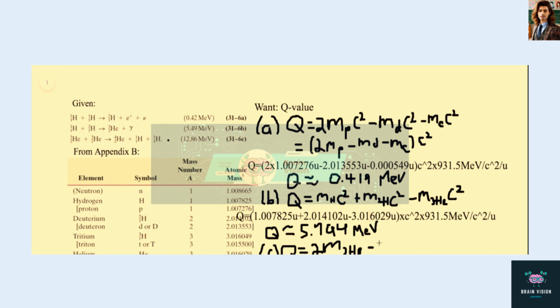Minus the mass of helium, times c squared, minus the mass of helium. Minus 2 times the mass of hydrogen, where again we note that the electrons are balanced here, so we can add the electrons and subtract them here. So we will take the mass of hydrogen.